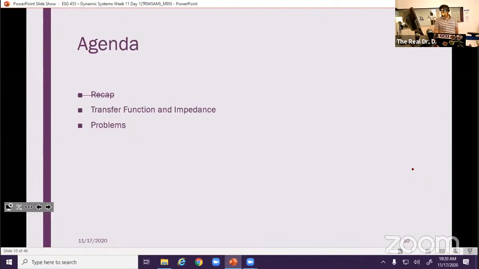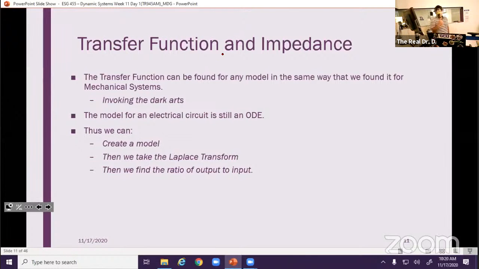So how does that relate to some of the other things that we can do? The transfer function can be found for any model in the same way that we found it for mechanical systems, right? Which is invoking the dark arts, and all of that.